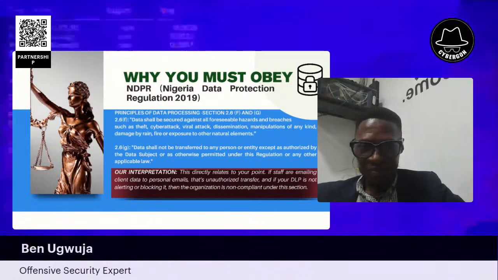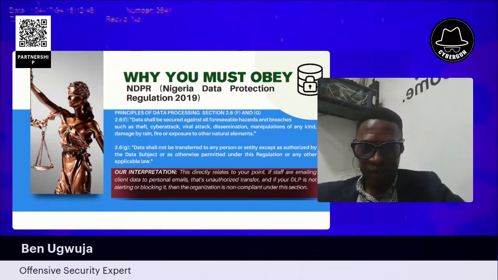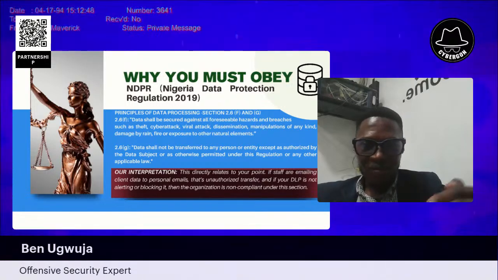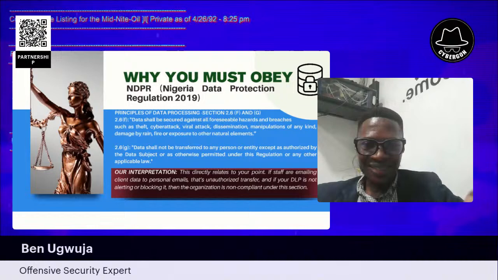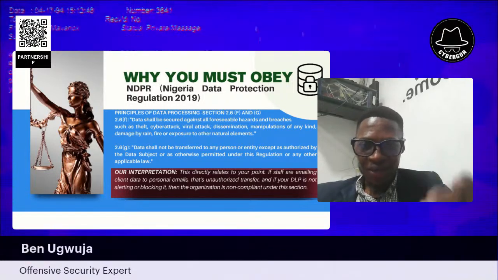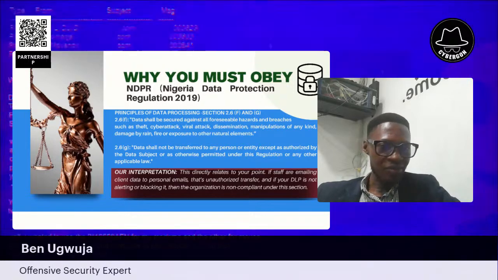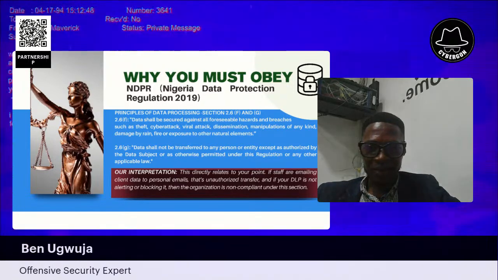Okay, that is section 26F, and then we have 26G. That data shall not be transferred to any person or entity except as authorized by the data subject. Okay, data subjects, they are the person who owns data. We refer to them as data subject.